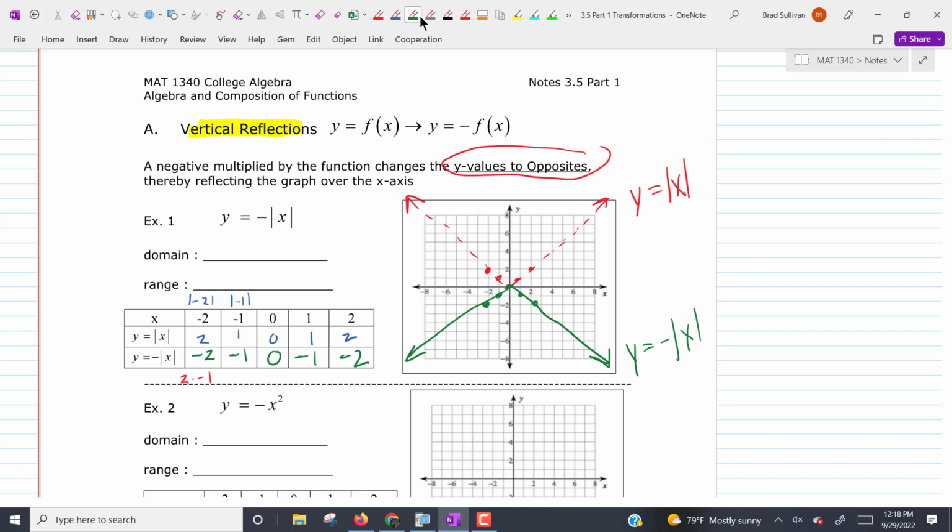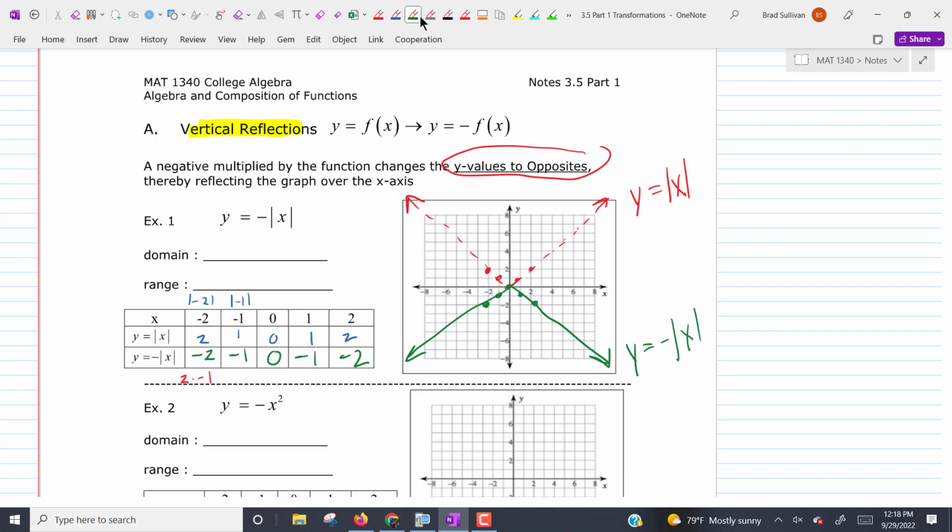Okay, so we've been practicing domain and range. Look at my green graph, this one right here. What do you think the domain is? From here to here, what is that? Forever, negative infinity to infinity. How about the range of the green graph? Don't look at the original. Way down here, negative infinity to what's that y value? 0.